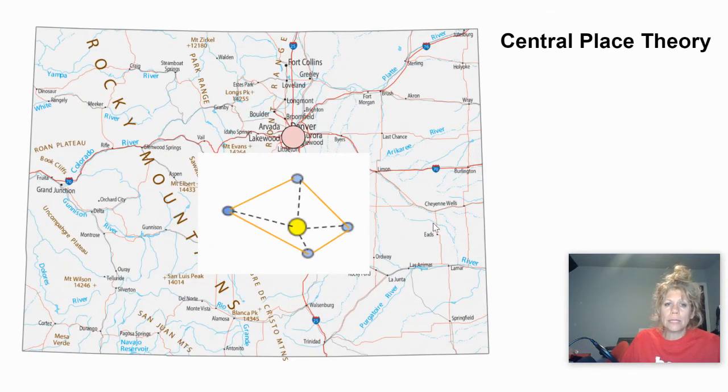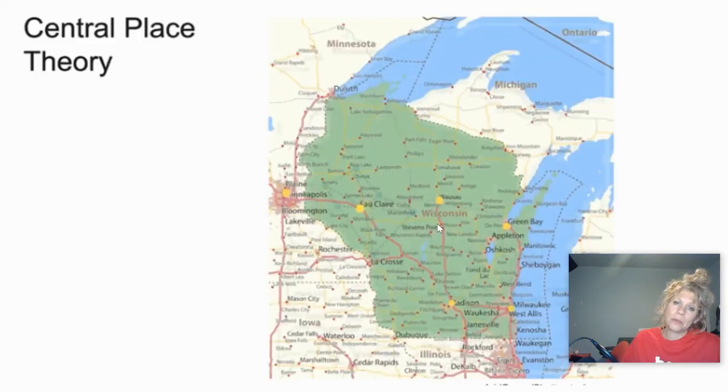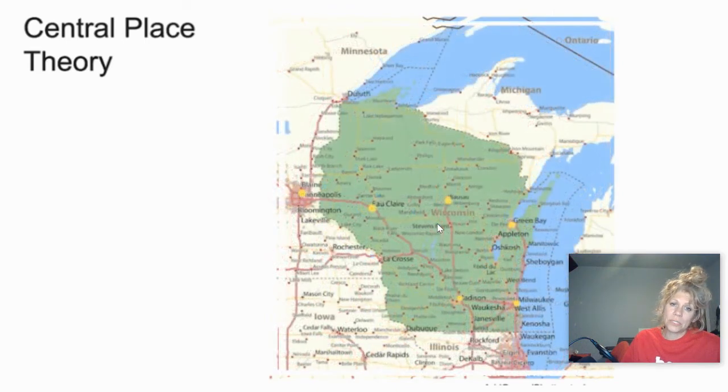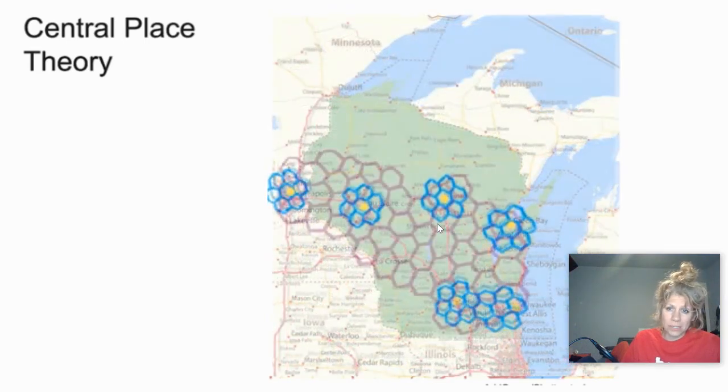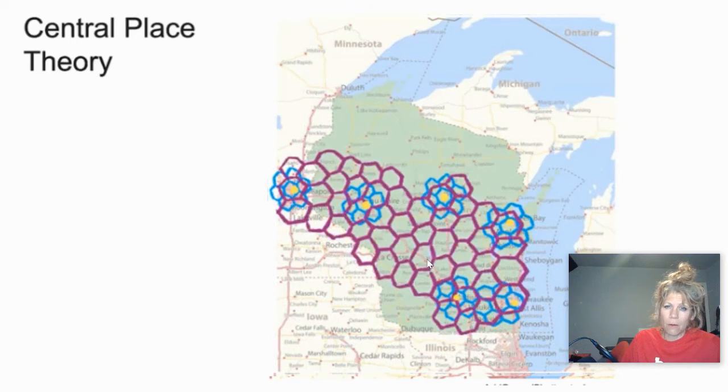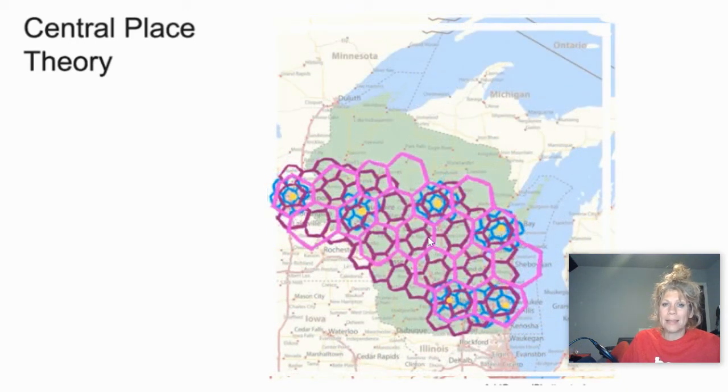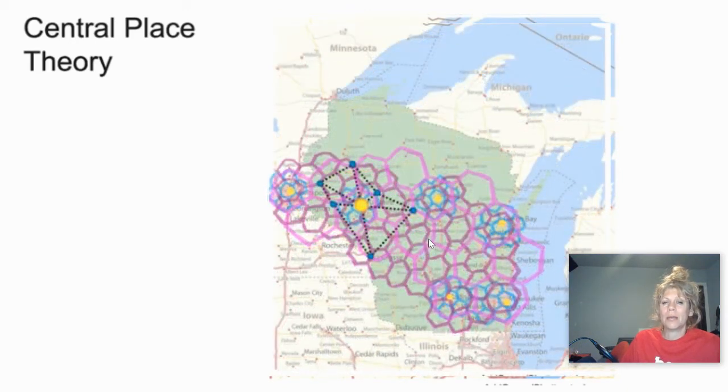And when we overlay this on a map, we will see hexagons develop over the entire map. And this does a really good job of showing us range.